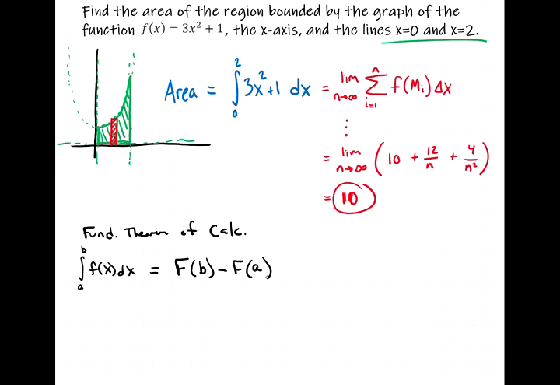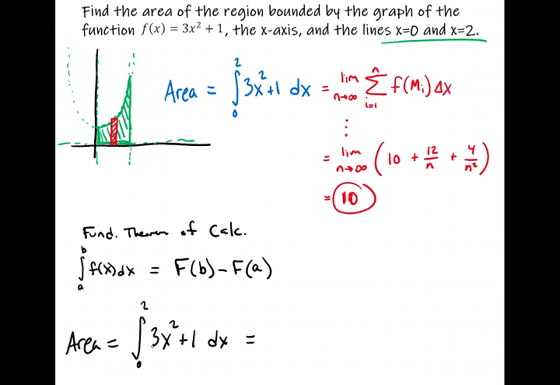All right, so we've already talked about finding antiderivatives, or indefinite integrals. So let's use the fundamental theorem of calculus. The area is equal to the integral from 0 to 2 of 3x squared plus 1 dx.